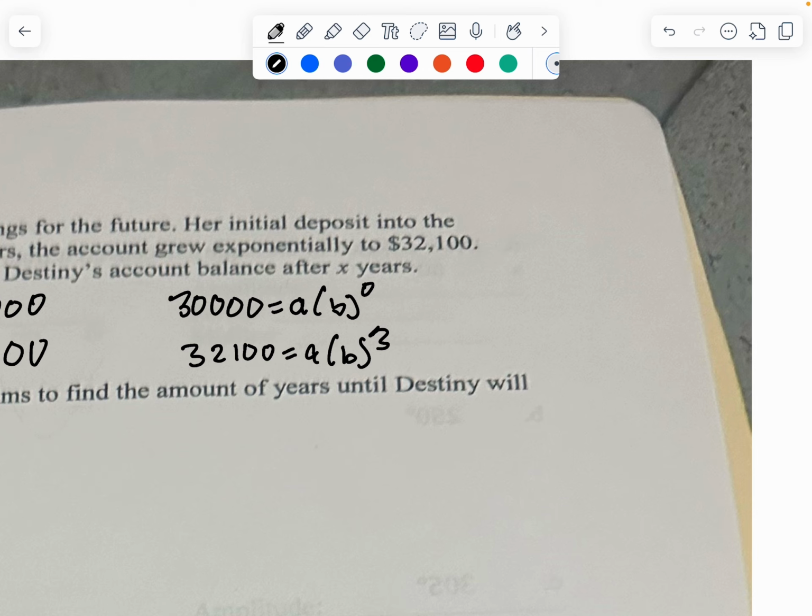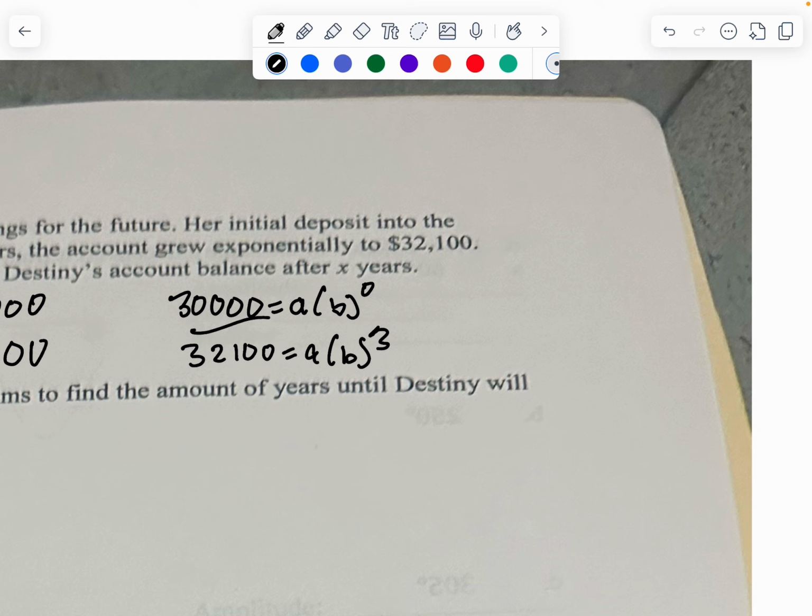So 30,000 divided by 32,100, type that in real quick. Actually, we'll do it the other way around. It doesn't matter what way you do it around, as long as you're consistent.